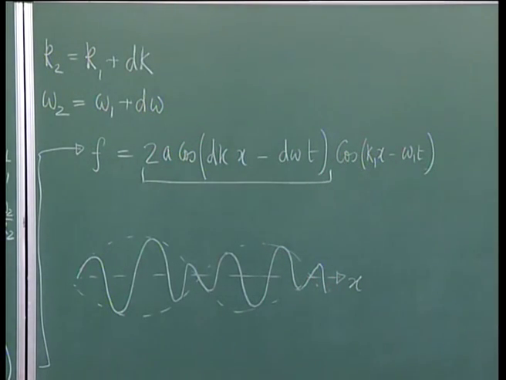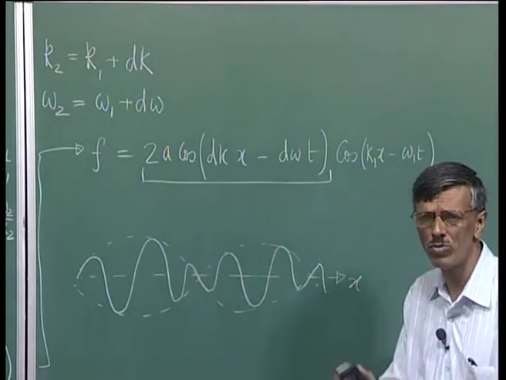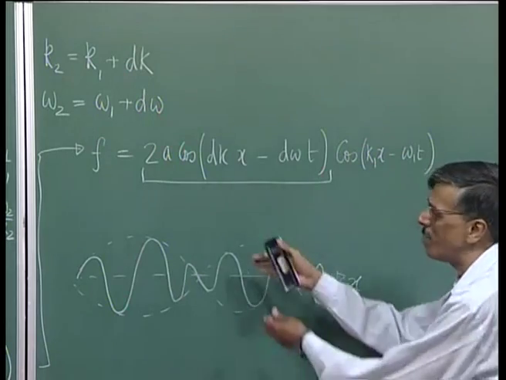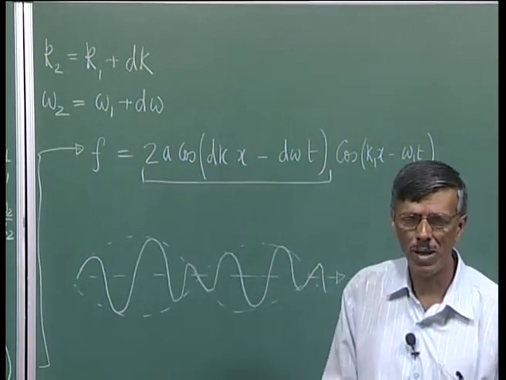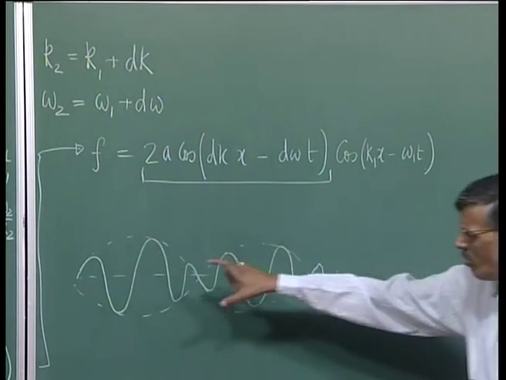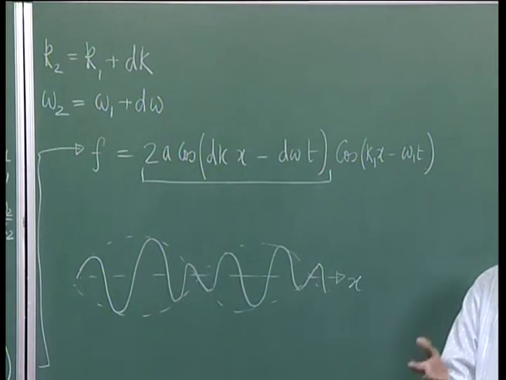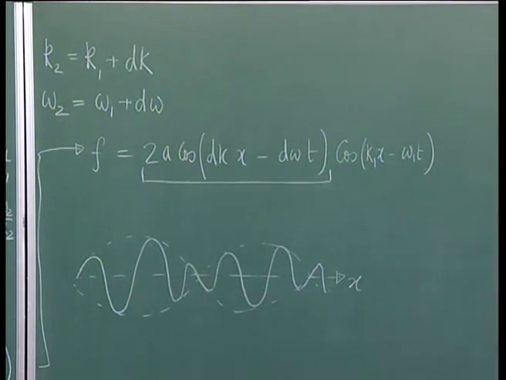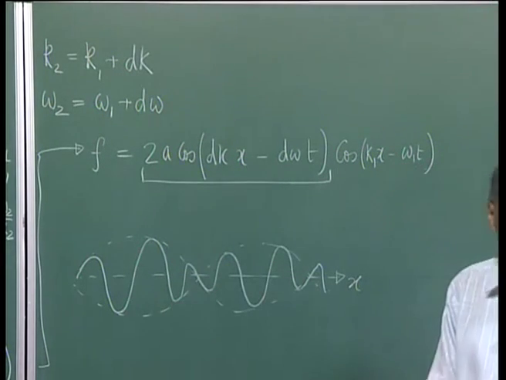So, what is happening? You can see that the original waves, which are very close to each other, have a combined amplitude that actually varies between plus minus 2a, right. The individual ones would vary plus minus a, but their combination varies plus minus 2a.